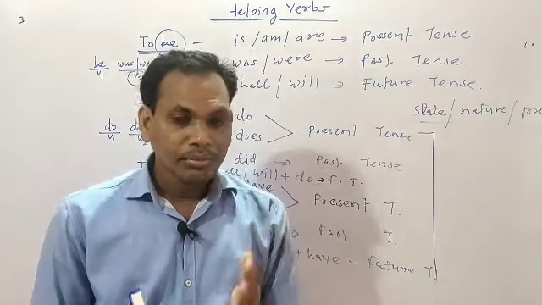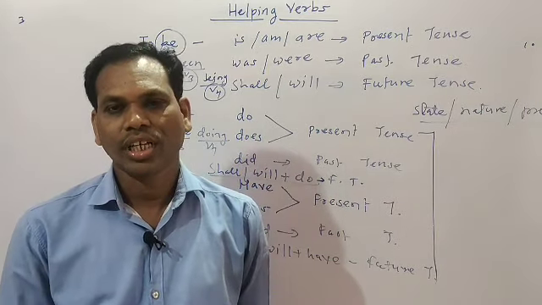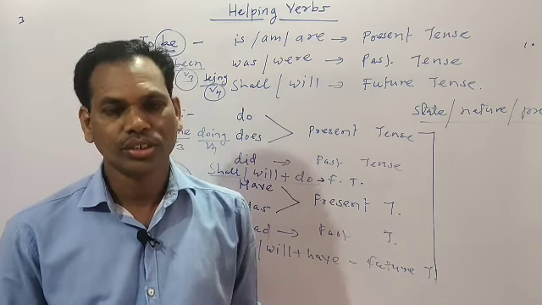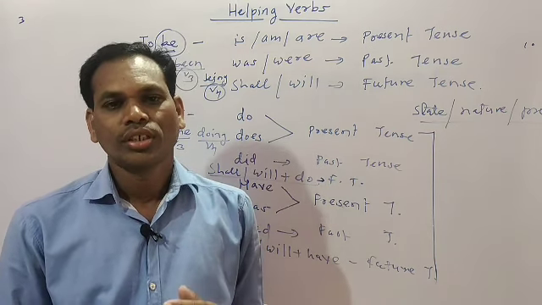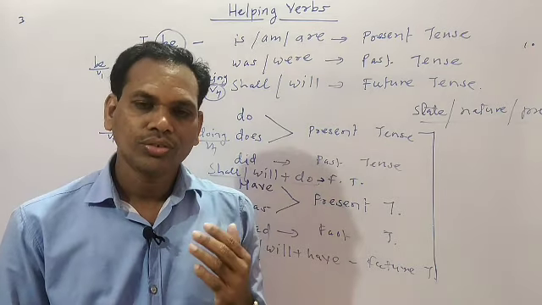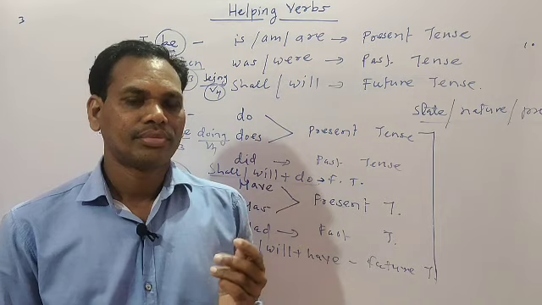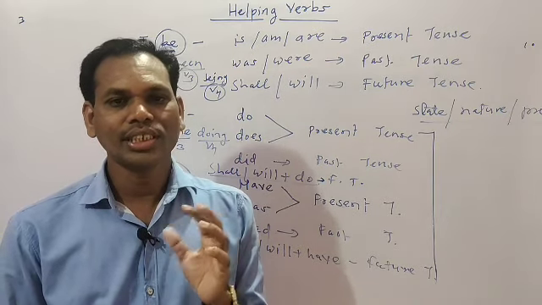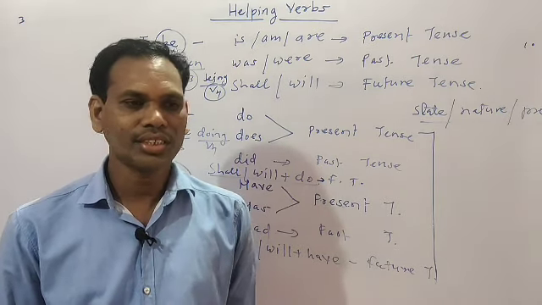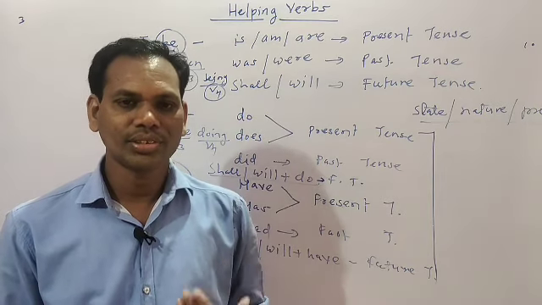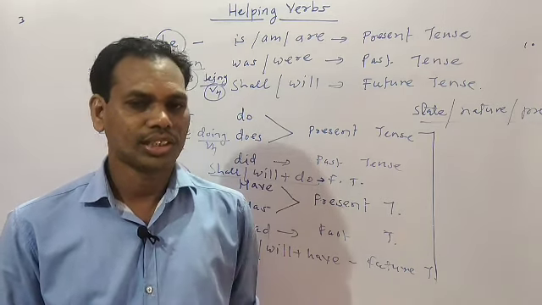So remember one thing, apart from these videos, what you need to do, right from today, is start reading something else. Reading in the sense, whatever English material comes to your hand, try to read it.